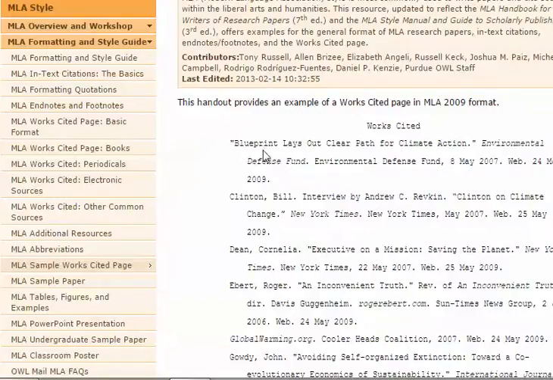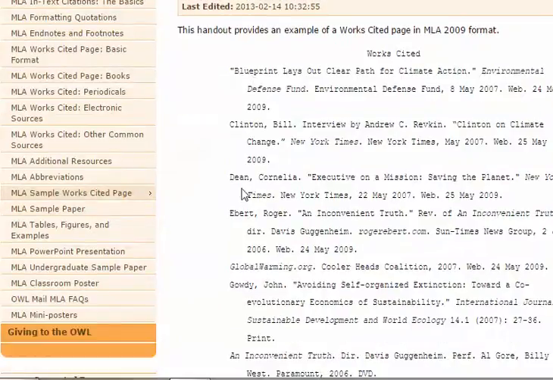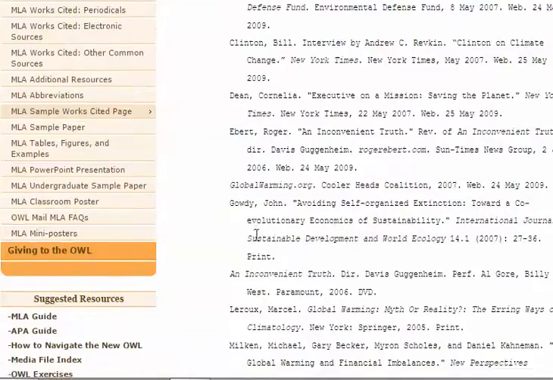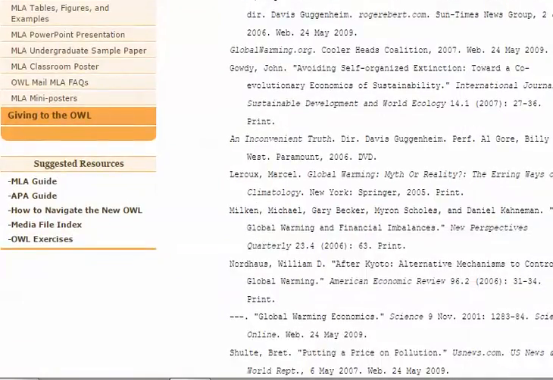And this particular example does not have an author, so they alphabetize it by the name of the article. Here's an author, author, author. Here's a website. It's alphabetized by the name of the website. Okay, so you get the idea.